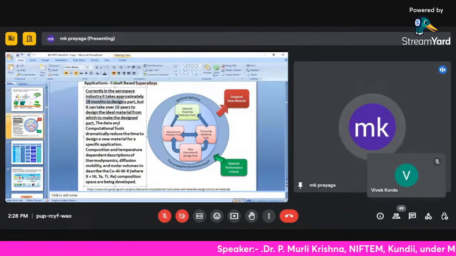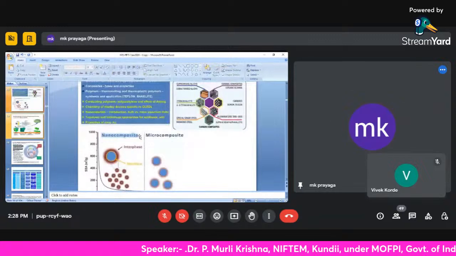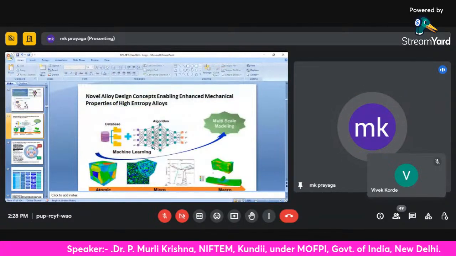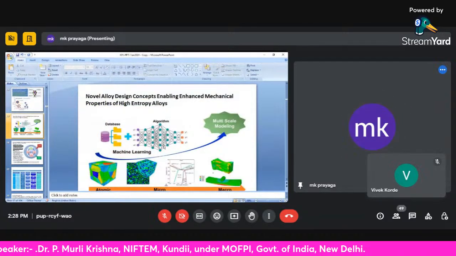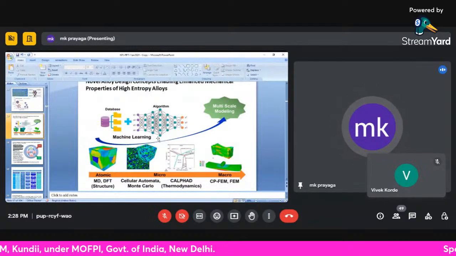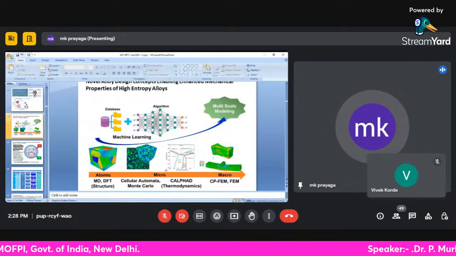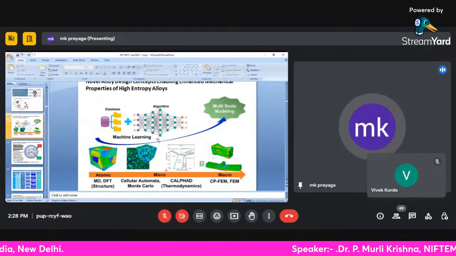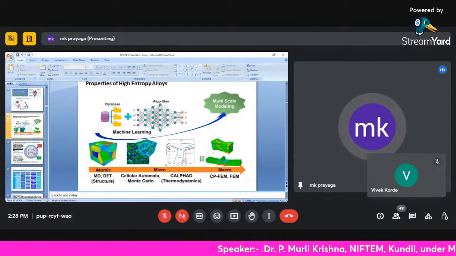But if you apply simulation techniques, your time will be very much compressed and you will get the required properties which are necessary. So with simulation and theoretical physics modelings, very huge opportunities are available nowadays.